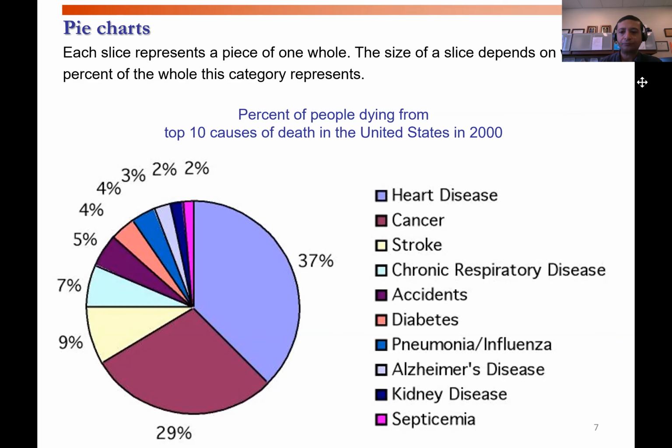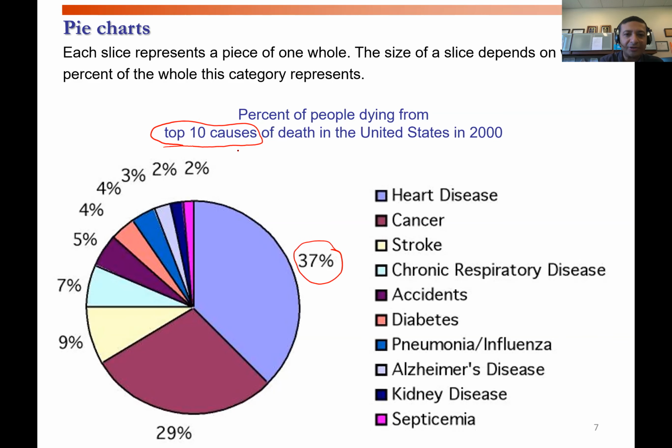So, percent of people dying from top 10 causes. This represents top 10 causes, and that should be the biggest takeaway before you even start looking into understanding what those percents mean.